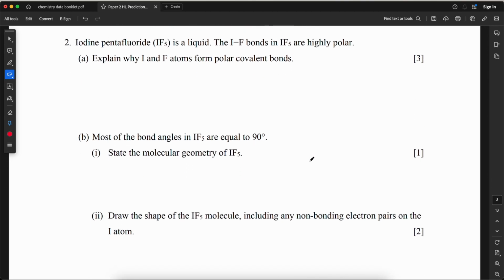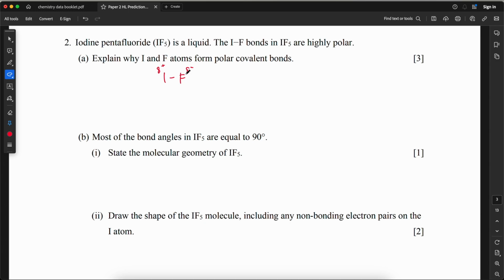Iodine pentafluoride IF5 is a liquid. The I-F bonds in IF5 are highly polar. Explain why I and F atoms form polar covalent bonds. So between I and F, F is more electronegative compared to I, because actually fluorine is the most electronegative element in the periodic table.